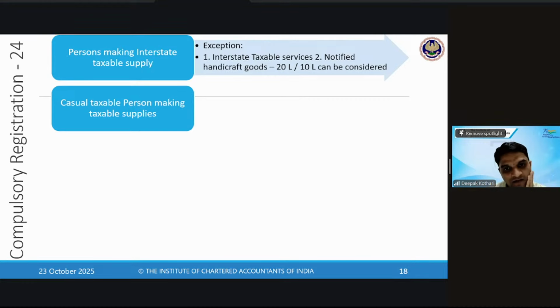Required only for handicraft goods, but not plastic goods, right? It is an interstate supply and not handicraft goods, so registration will be required.